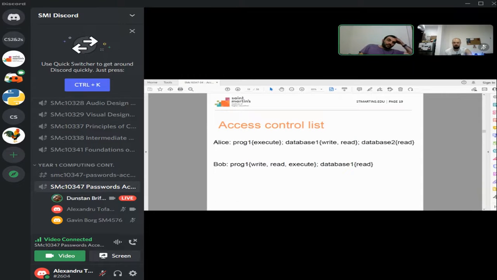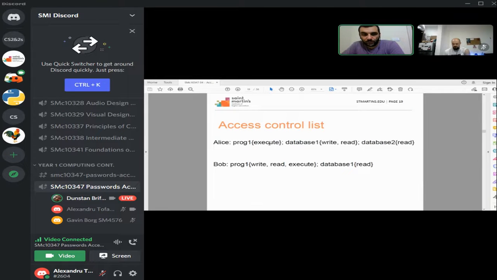So you've got the subject, which is Alice. But remember, subjects are the users who are requesting access. The objects are the resources. So in this case, our first subject is Alice, and she's got the three resources, the three objects: program 1, database 1, database 2. In brackets, we are including what permissions Alice has.